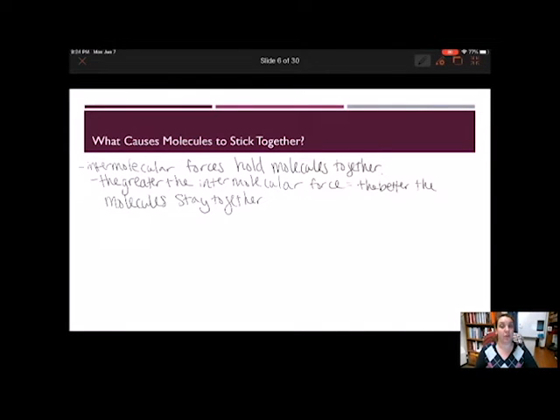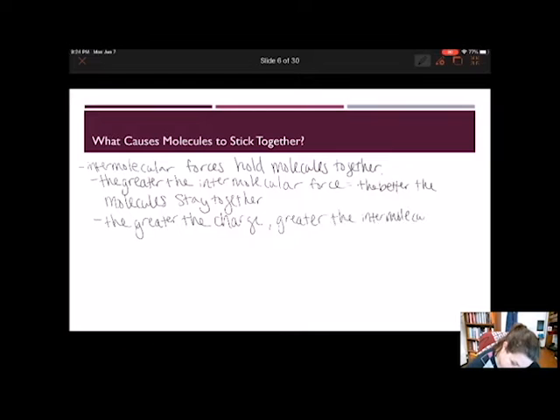So the greater the intermolecular force is based on your charge attraction. So the larger the magnitude of charge, the greater the attraction. I'm going to put IMF for intermolecular force, just easier, quicker.